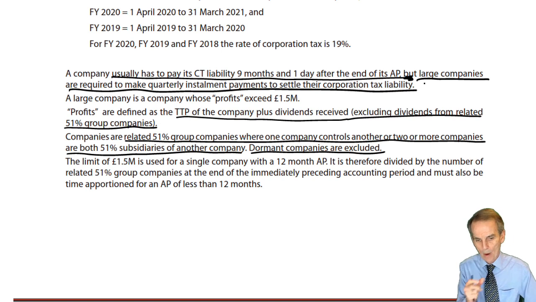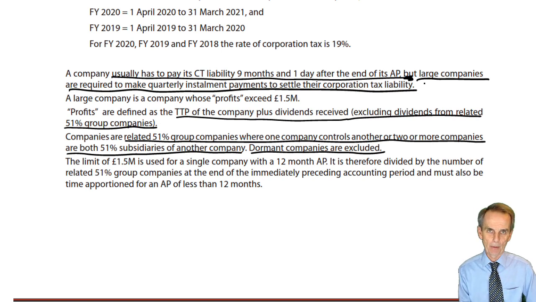Are we able to manage the company or the companies so as to ensure that any tax that has to be paid can be paid at the latest possible date? And that would mean trying to avoid, if it were possible, making quarterly instalment payments. How would we be able to do that?